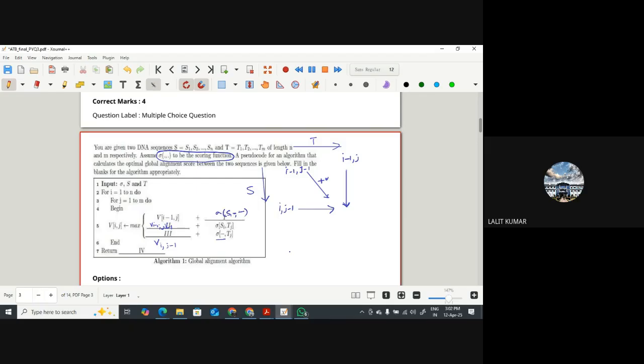Either this is matching or this is matching, and you are applying this scoring function. They have not explicitly given that it will be +1. They have said there is some scoring function based on this match. The scoring function will give either match, mismatch condition or gaps. Yes, gap value. Okay.